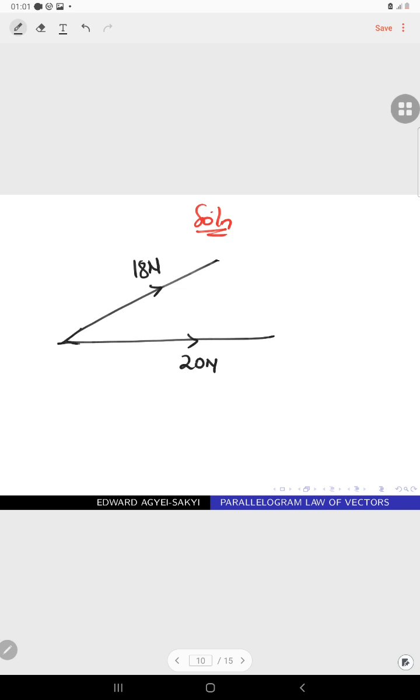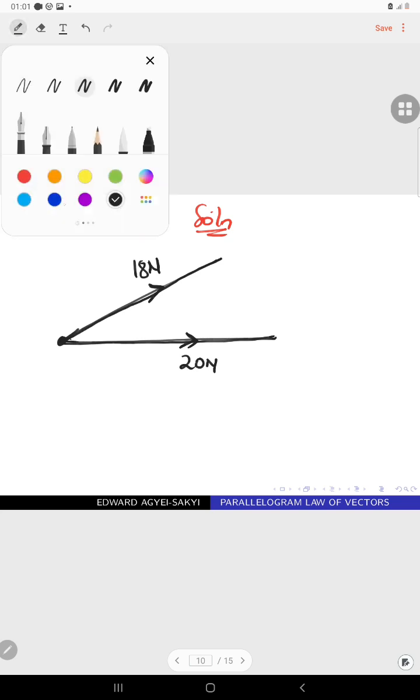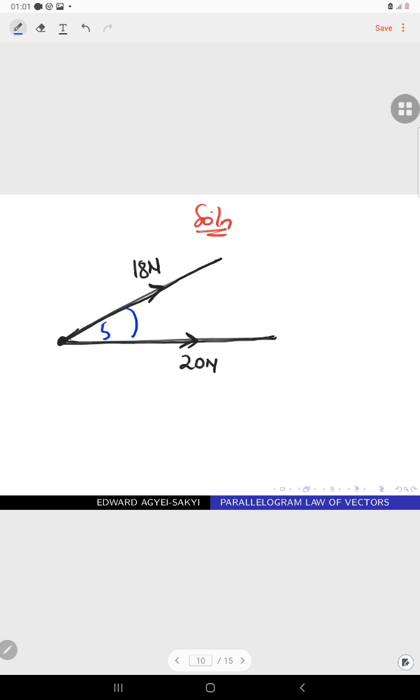I am choosing the vectors to point away from this point. You can also make them point towards it. It's also correct. Here we are pointing it away, okay? The angle is 50, so we show it like that.